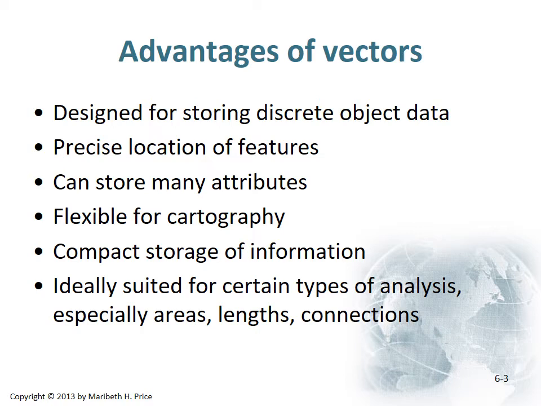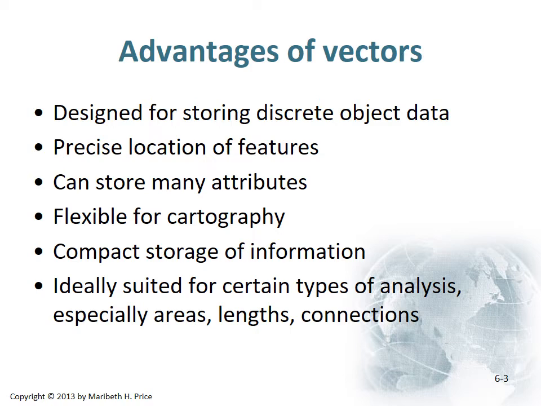Raster data is better in many ways at describing and analyzing complete surfaces. Vector data is very accurate and precise, and if it's truthful, then it's very useful in our geospatial analysis. The tables that we can attach to them can store thousands, if not millions, of variables and attributes.